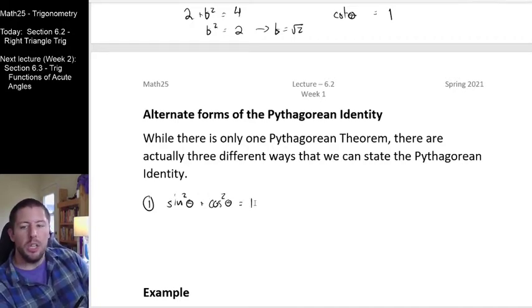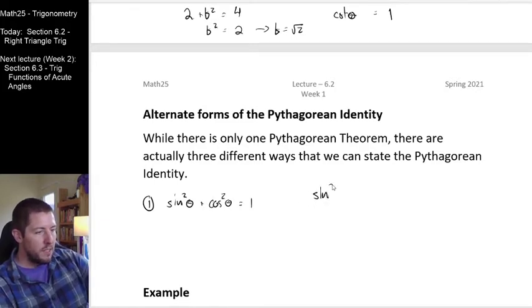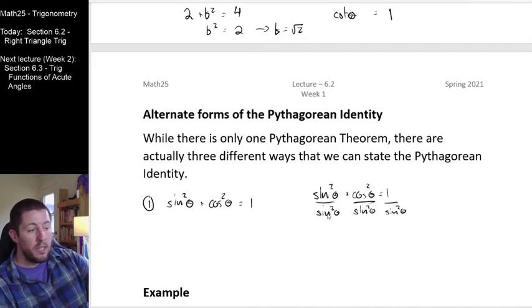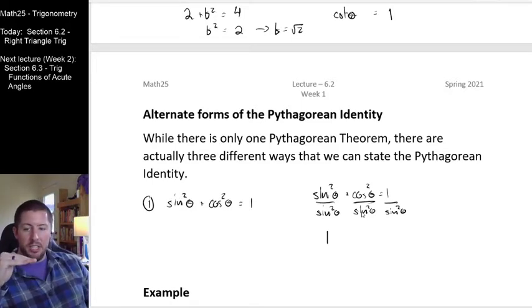And all I'm going to do is just do a little bit of light algebra to this guy, and we're going to see some other nice, easy things pop out right here, right? So one thing I'm going to do with this guy is take the expression sine squared theta plus cosine squared theta equals 1, and divide everything by sine squared of theta. You should notice that sine squared of theta divided by sine squared of theta, those are the same number, so that's 1. Cosine divided by sine, well, I saw earlier that sine over cosine is tangent.